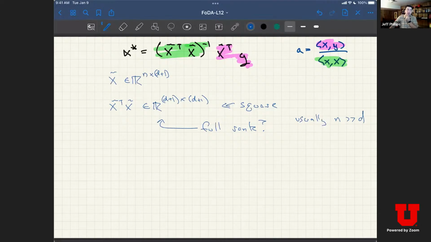Sometimes if you don't have something that's full rank, you can take the pseudo inverse instead. We aren't going to really talk about this in class. If you call one of the built-in functions in Python and it's not full rank, it might call the pseudo inverse instead of the inverse, and so it might be able to deal with this case.